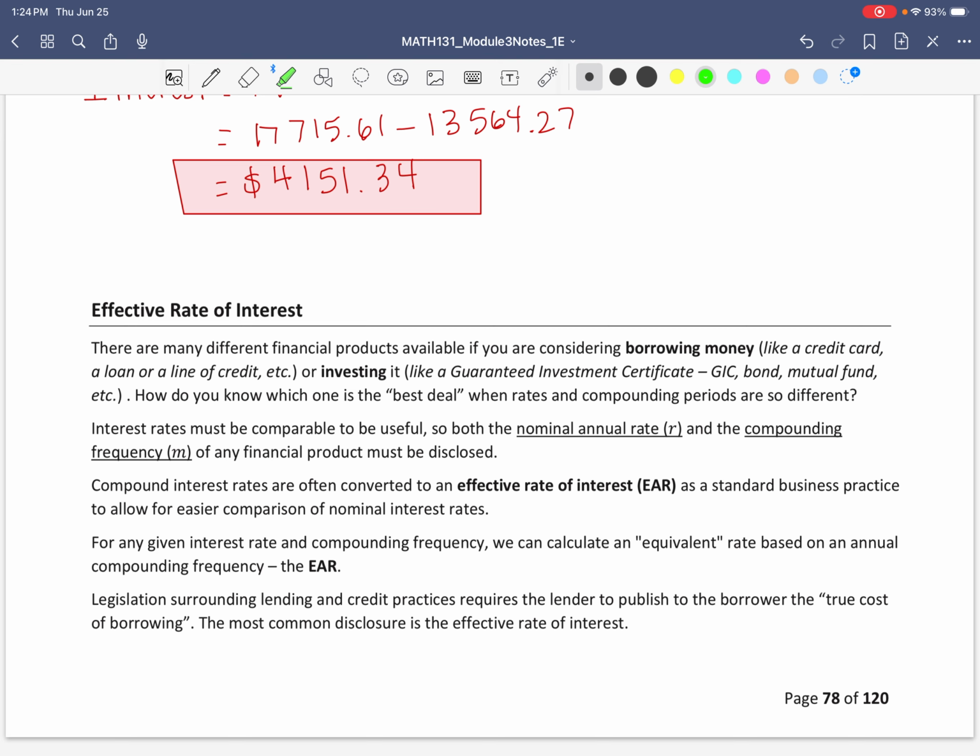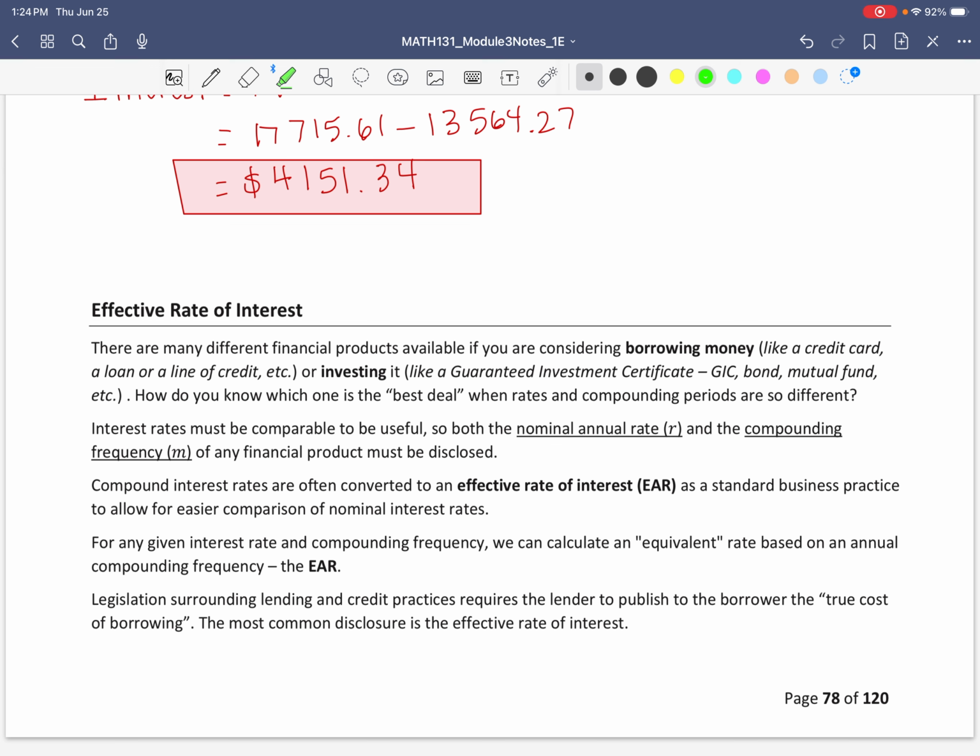So interest rates must be comparable to be useful. What that means is that both the nominal annual rate R and the compounding frequency, which we know now is M, of a financial product must be disclosed.